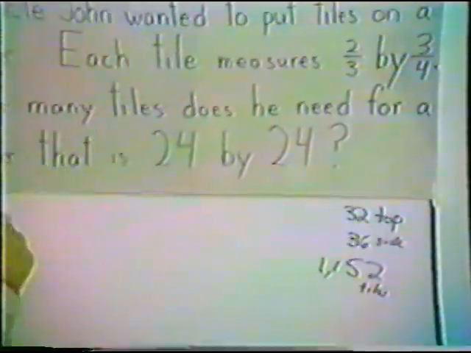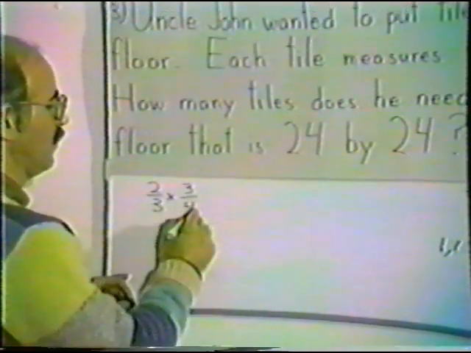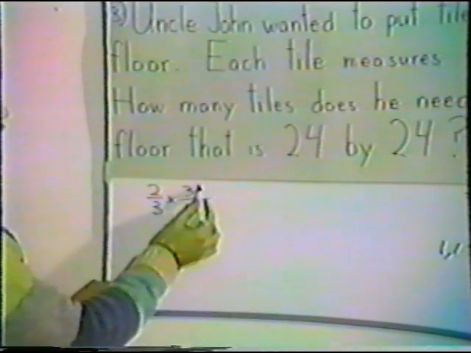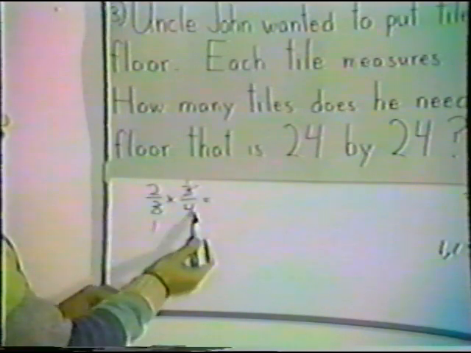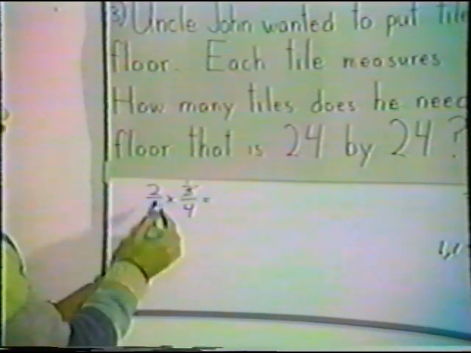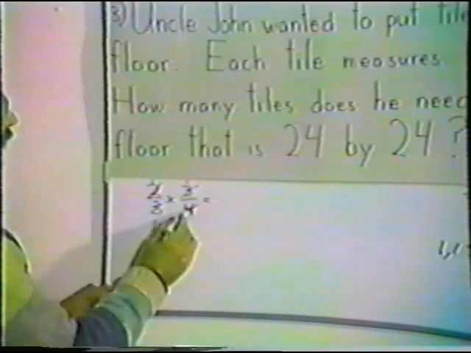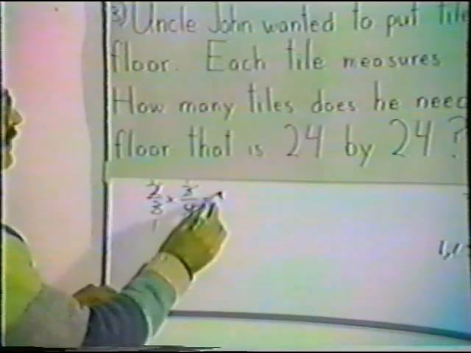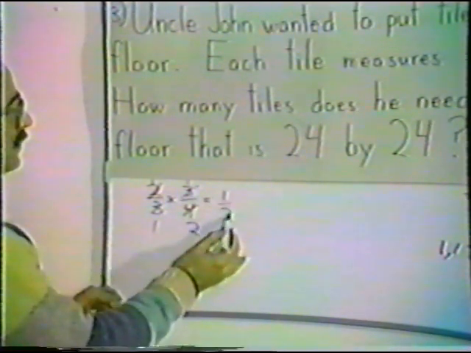Let's do that. 2/3 times 3/4. Can we cancel the 3s? Yes, we can. They go right down to 1s. Can we cancel the 2 and the 4? Yes. 2 into 2 is 1, 2 into 4 is 2, 1 times 1 is 1, and 1 times 2 is 2.